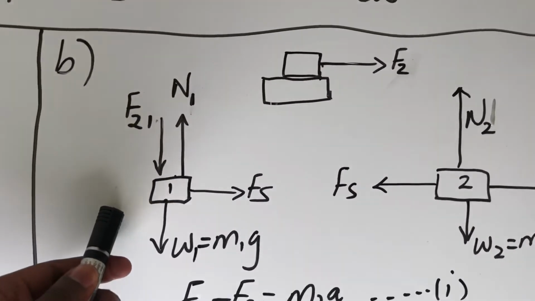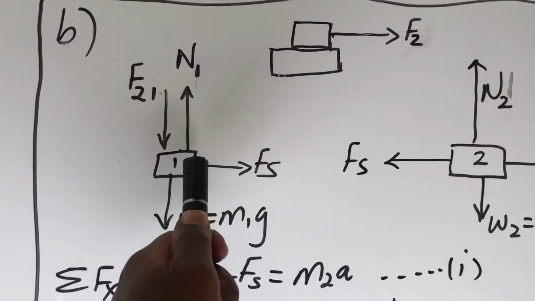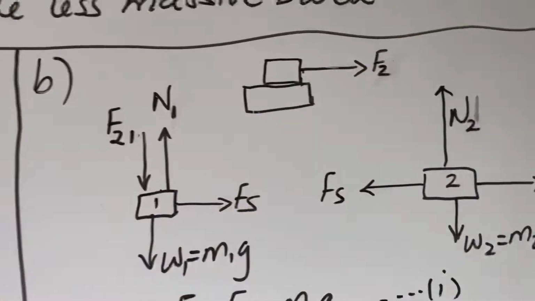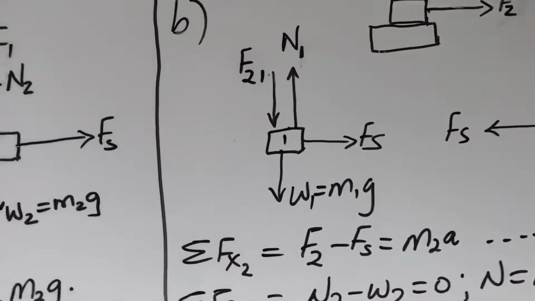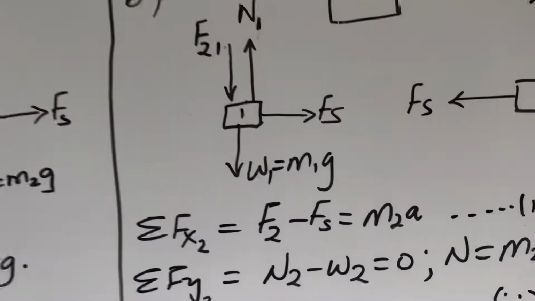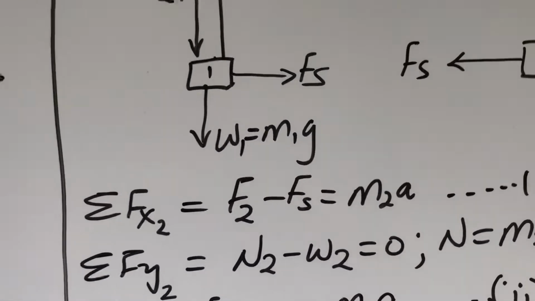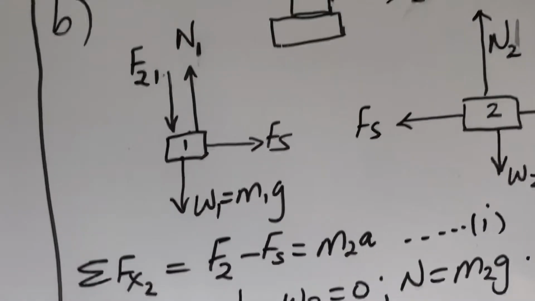On the bigger block, since we are going to apply the force on the smaller block, the bigger block is only going to be affected by Fs. As I have said before, when you are pulling, before it starts to move, the block that you are not pulling is going to be affected by the static frictional force only.